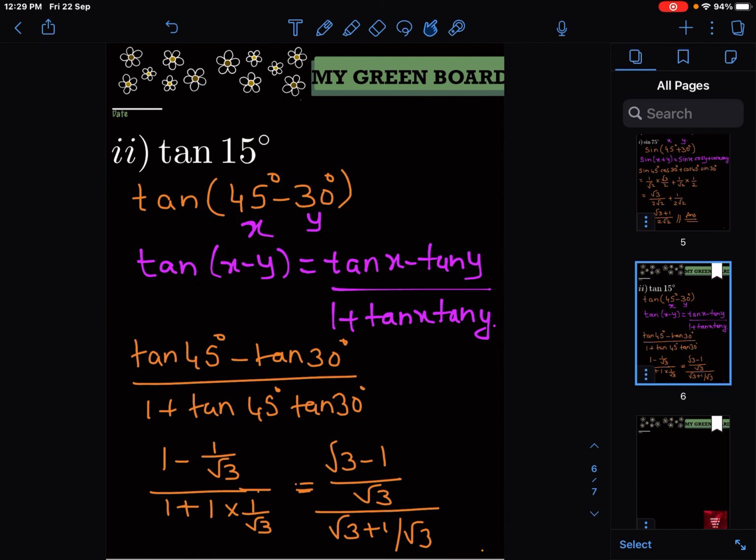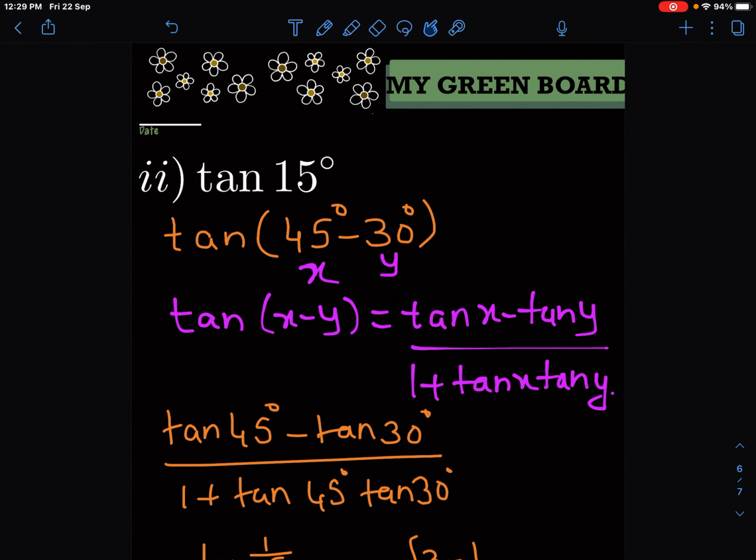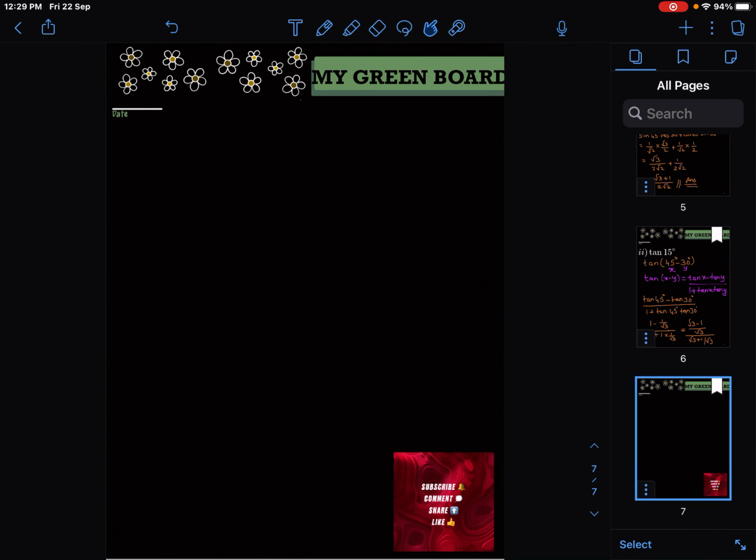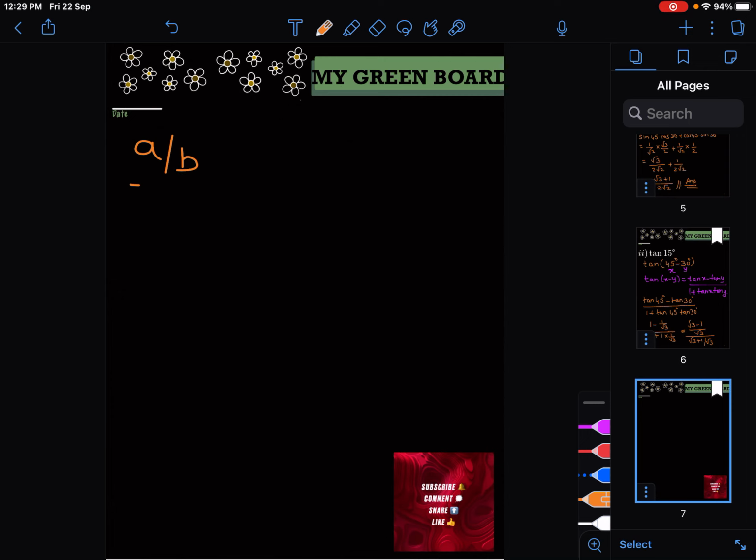See children, it's very simple. We have just substituted the values of x and y in tan. So this one we are getting. This denominator, we very well know that a by b divided by c by d becomes a by b into d by c.